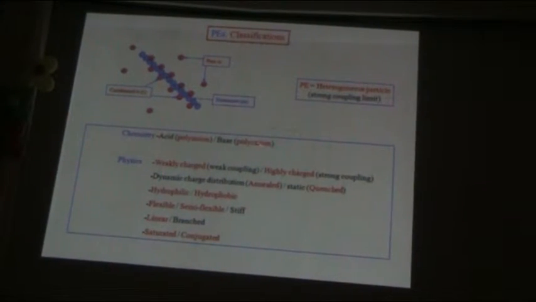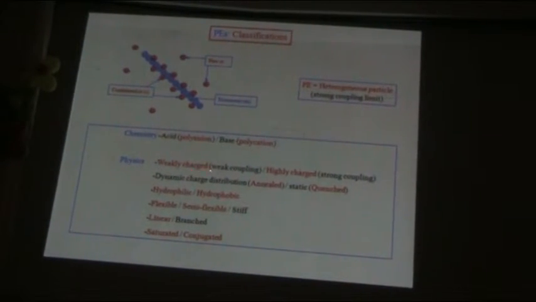Also, you can classify these polyelectrolytes. Chemists classify them as polyanions and polycations, but for physicists, it is more important to compare weakly charged and highly charged polyelectrolytes, annealed and quenched.